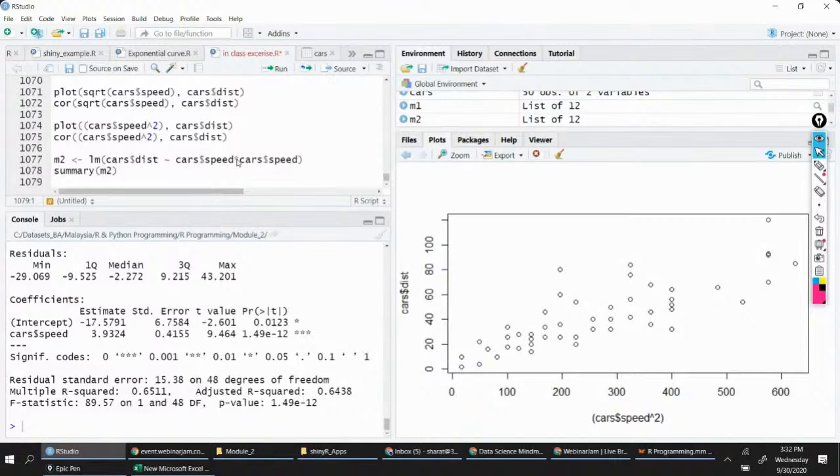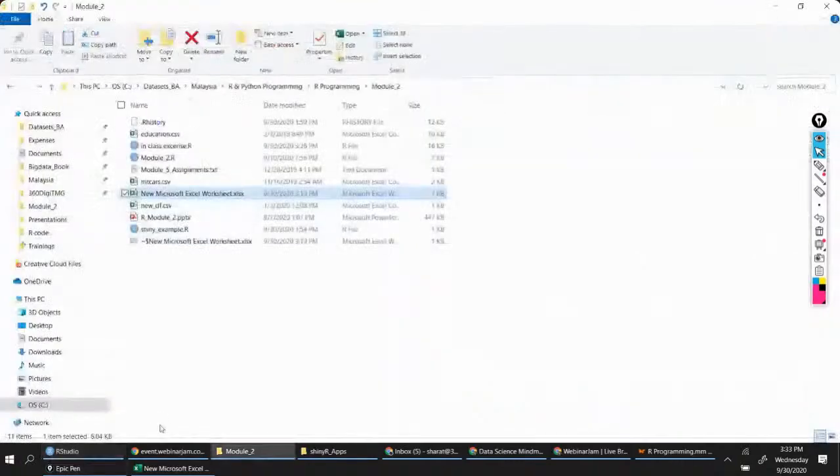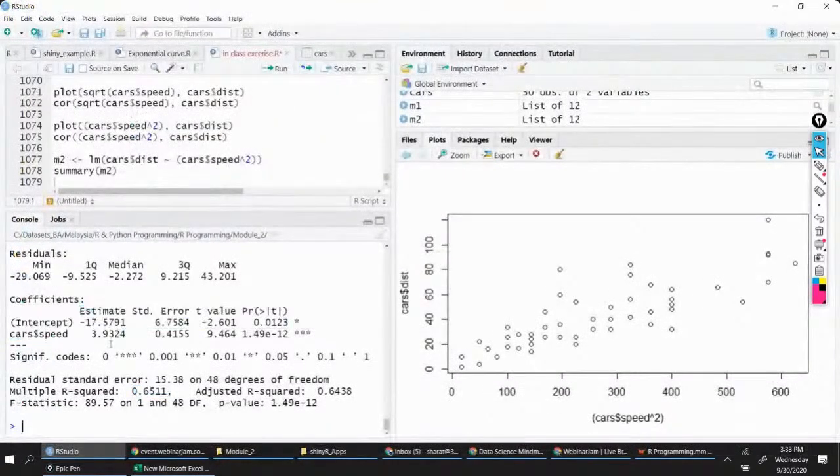So if you can see, there's literally no change in the model, even though we have squared data taken. So there is no point. You get the same results, 0.6511. Your equation, beta naught and beta 1, are also the same. Nothing changed.